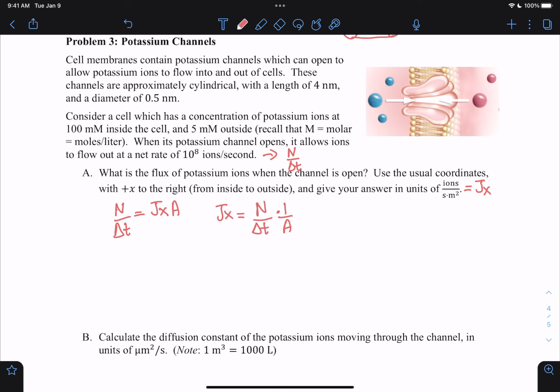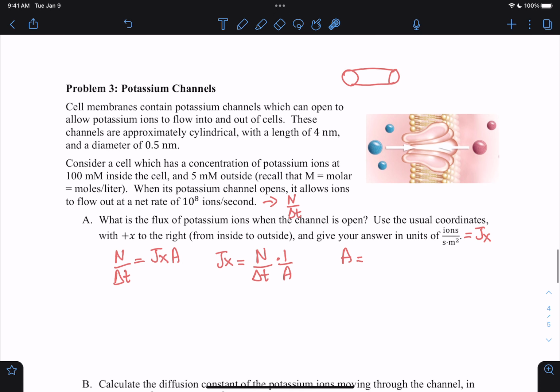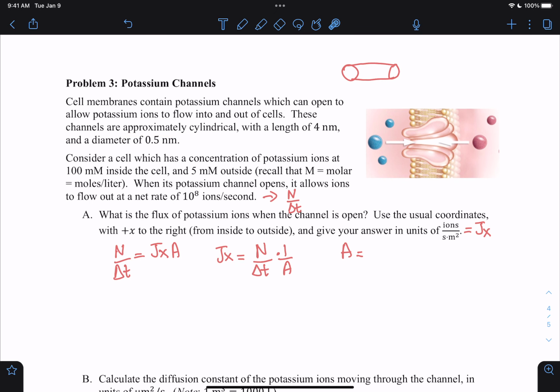So we have this part already. This is our 10 to the 8th ions per second. Now we just have to find the area. The area is not the surface area. This is the tricky part, because they said approximate cylindrical. So you might think, okay, it's the surface area of this whole cylinder, since they gave us the length and the diameter as well. That's not the case.